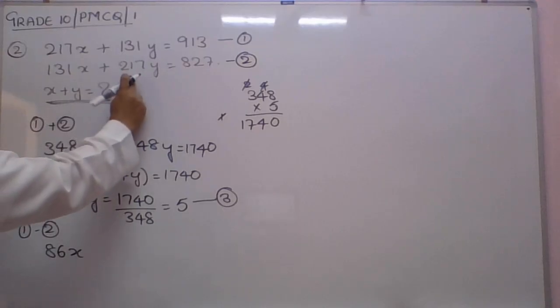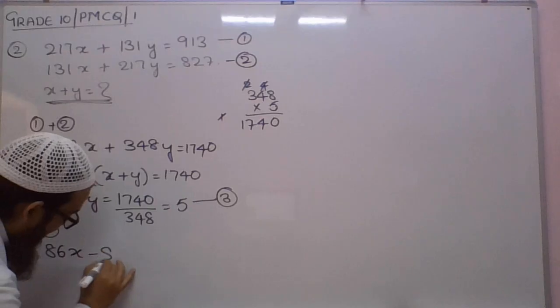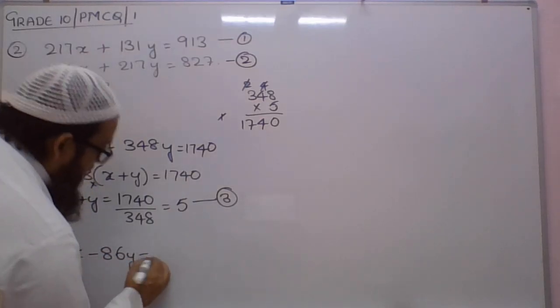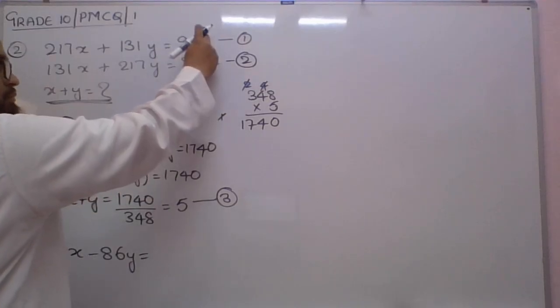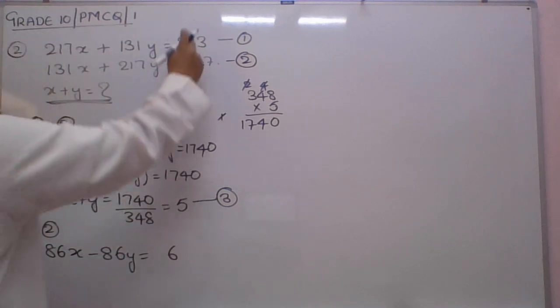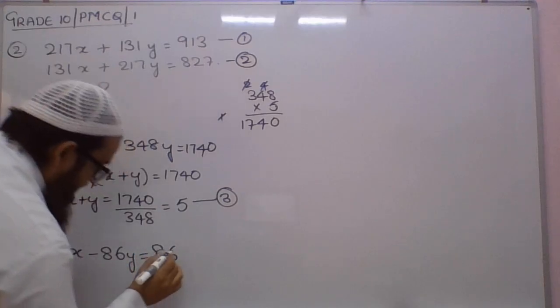The second coefficient will get a negative number since this is bigger. So it will become 86y is equal to 3 minus 7. I can't do so, borrow it. 13 minus 7 is 6. And when I borrow it, 0 becomes 10. 10 minus 2 is 8.